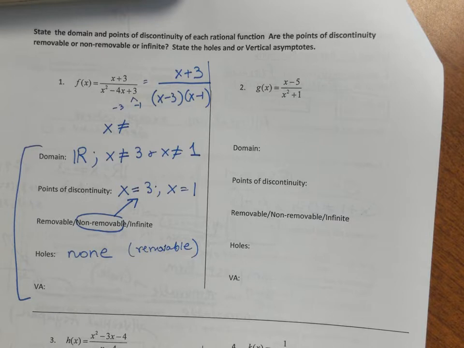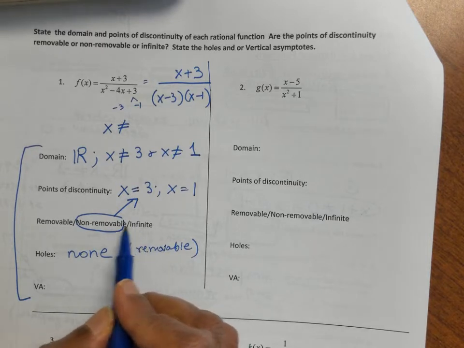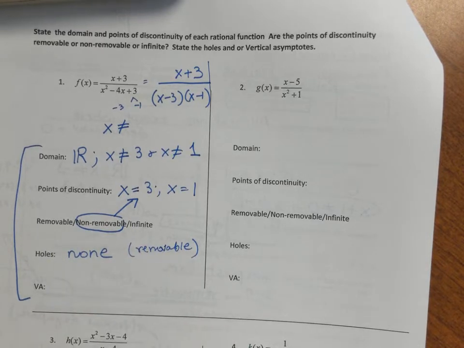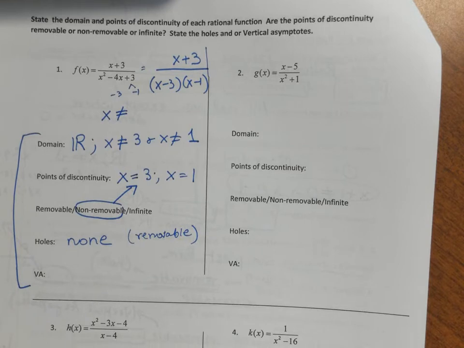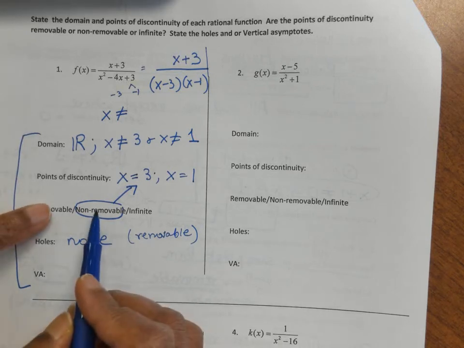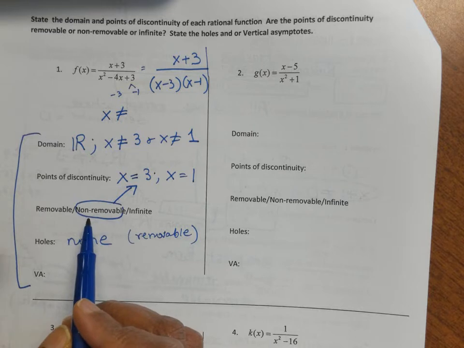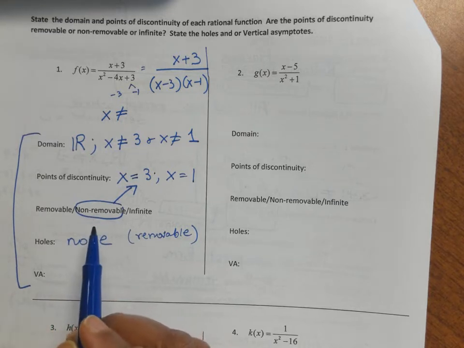It talks about infinite. We are going to ignore that. I haven't talked about it, but we are just focusing on removable and non-removable. And then the last question it asks for is asymptote. So basically, all your non-removable discontinuities are all asymptotes.